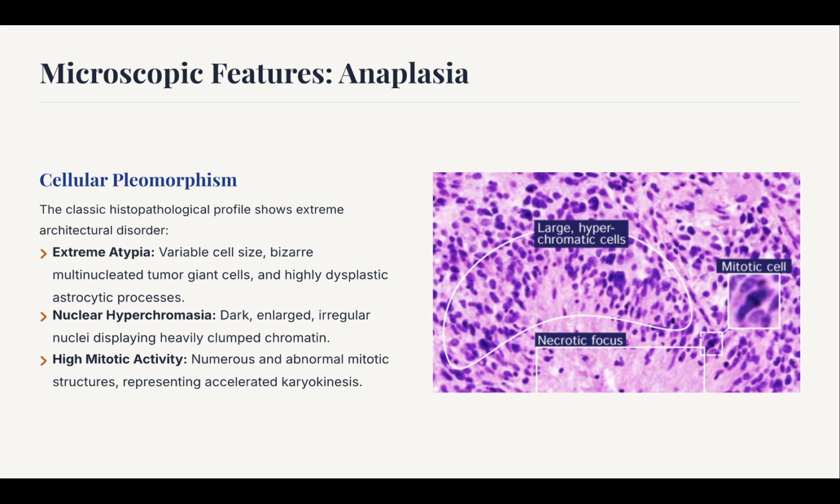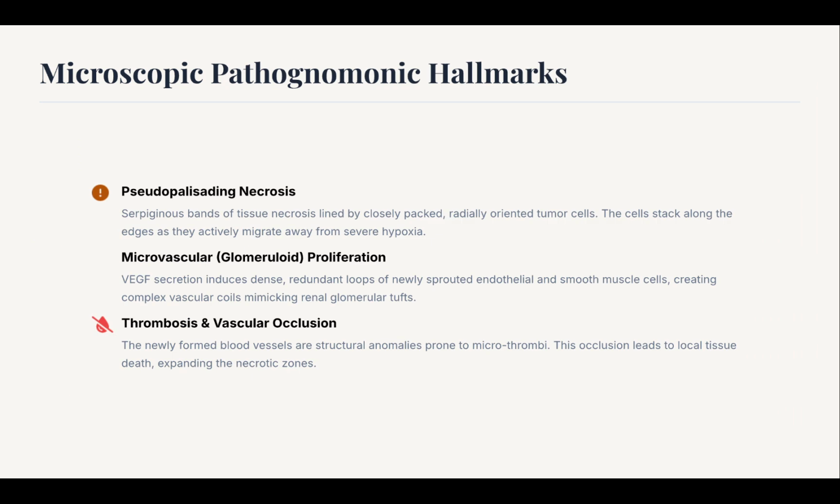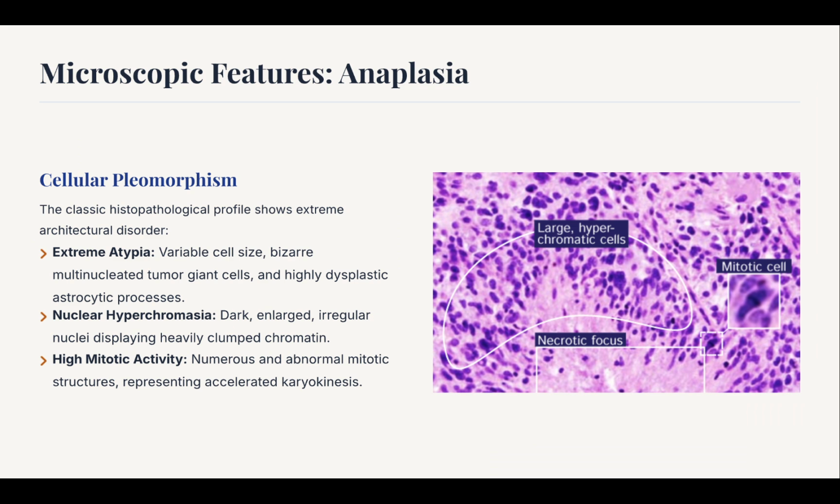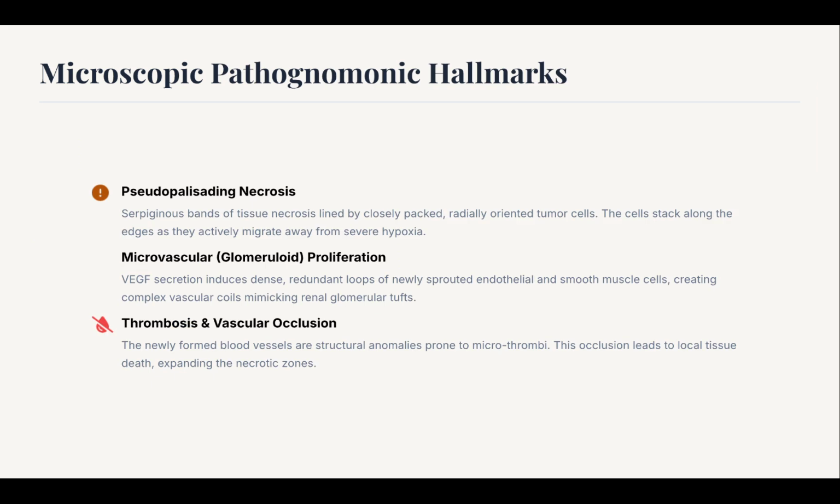In microscopic features, there is extreme atypia, nuclear hyperchromasia, and high mitotic activity. The three pathognomonic hallmarks of microscopic features are pseudopalisading necrosis, which can be seen in this picture, and microvascular proliferation.